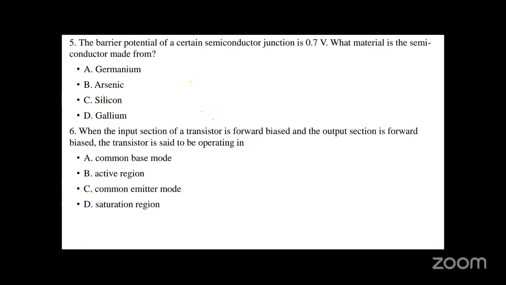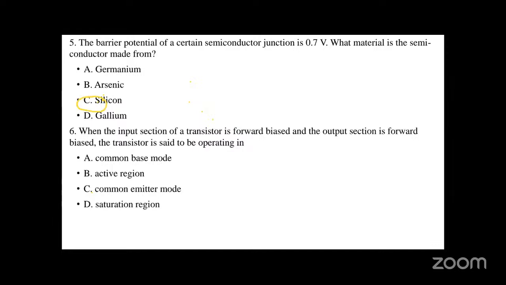So for silicon, that threshold voltage is always 0.7 volts, while for germanium, the threshold voltage, which we can also call the barrier potential, is 0.3 volts. So it implies that from the question, the material used for such semiconductor is silicon.